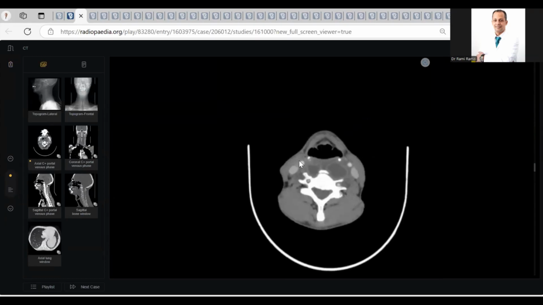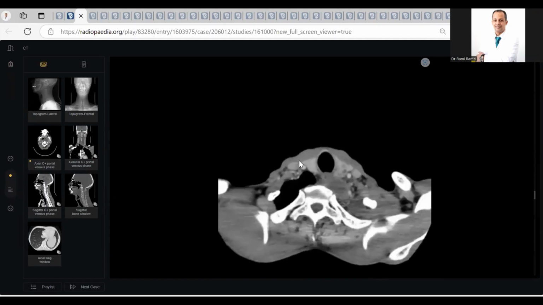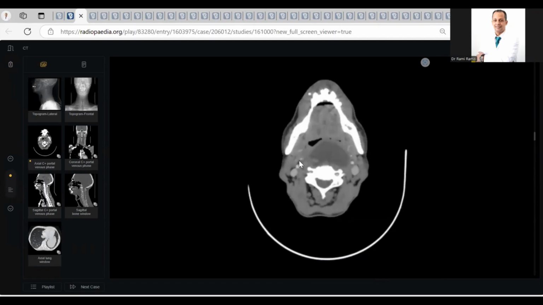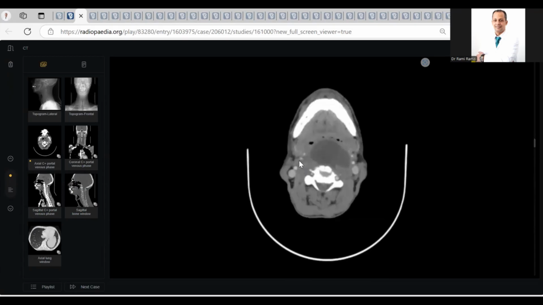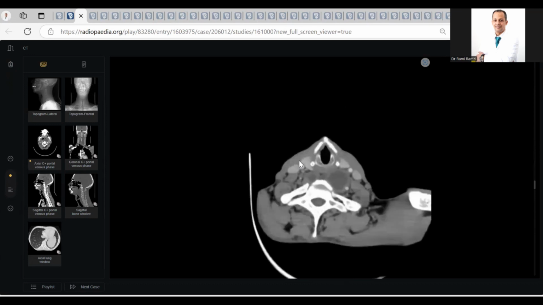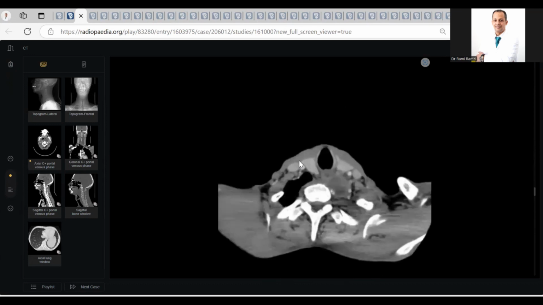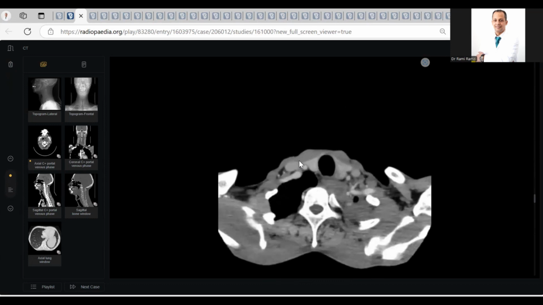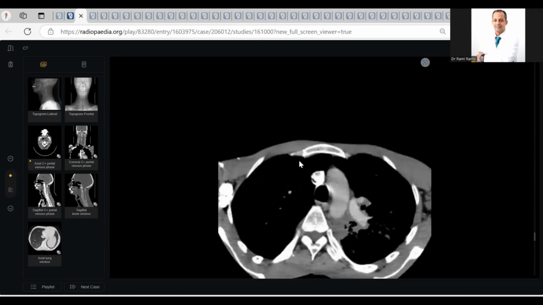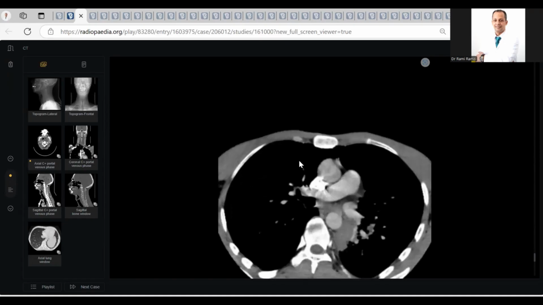On CT scan images, I could appreciate a large fluid collection in the pre-vertebral region. So can you scroll down, please? Extending into the superior mediastinum, there is a left-sided pleural effusion with underlying lung compressive atelectatic changes.